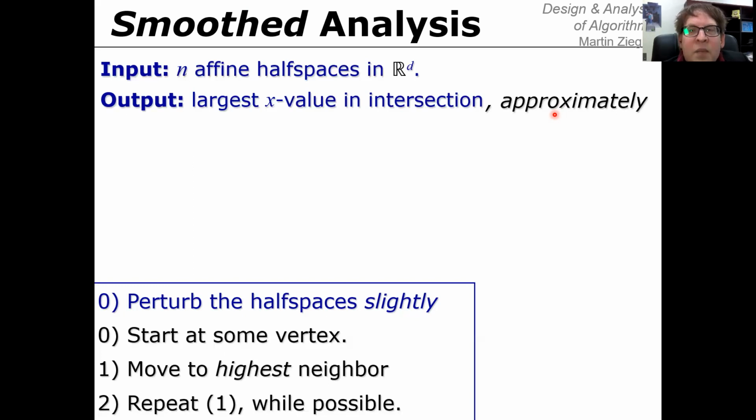There are several technical details to be taken into account, but that's the general idea. So we perturb the half spaces, then we run the simplex algorithm, and then we obtain an approximate solution. And the question now is, what is the running time of this algorithm? It's a variant that first makes this random perturbation to obtain an approximate solution.